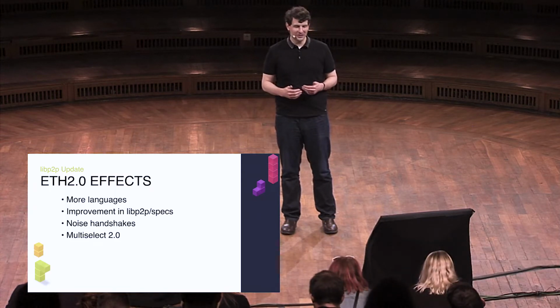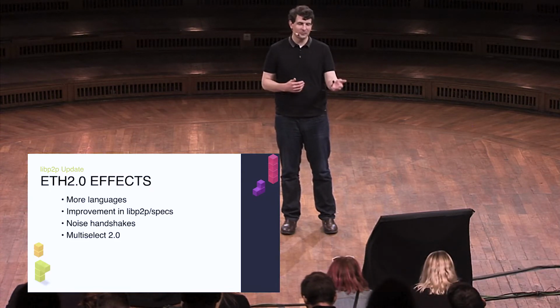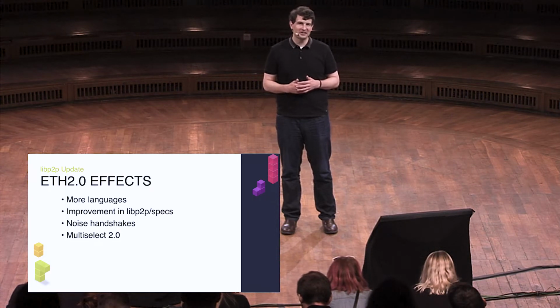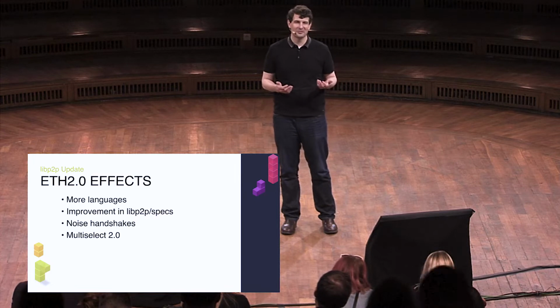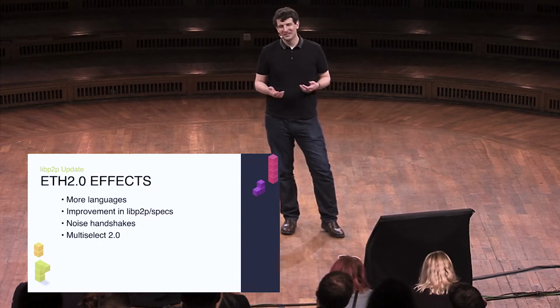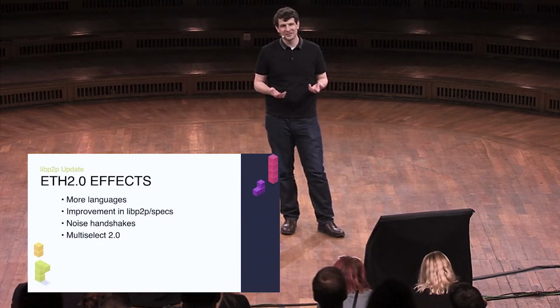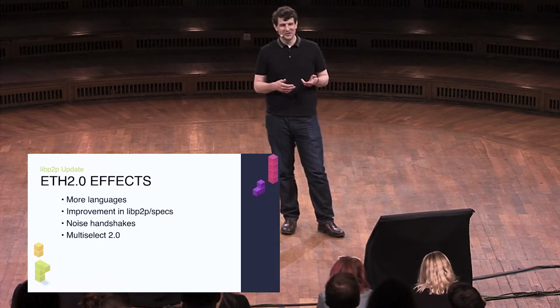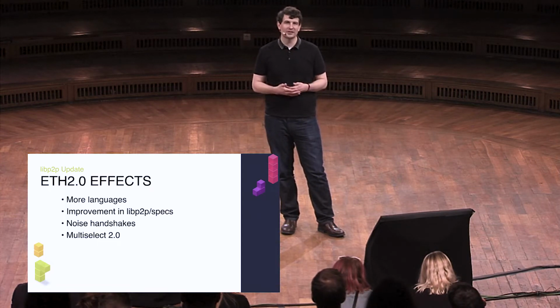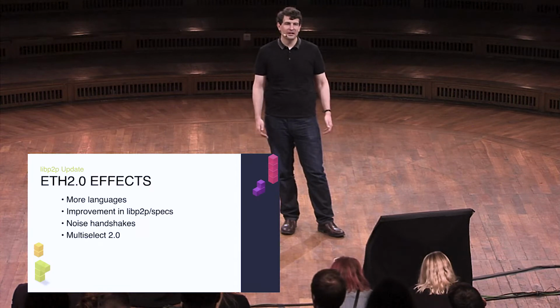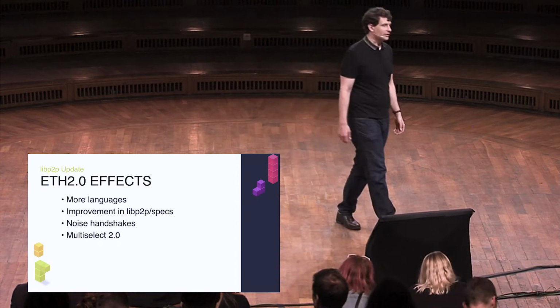We called it multi-stream 1.0 for a long time. And then we discovered that most people think that means it has something to do with how you open multiple streams, which is a good guess. Unfortunately, it's erroneous. So we went with multi-select 2.0 instead. And from now on, we're going to be calling it multi-select.